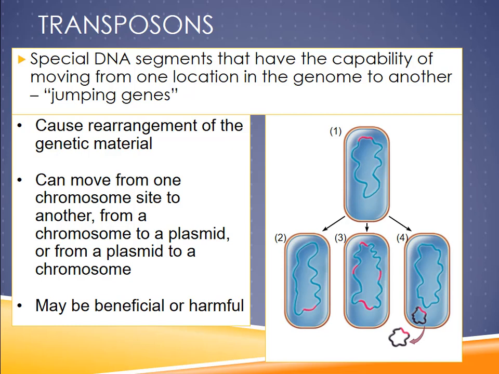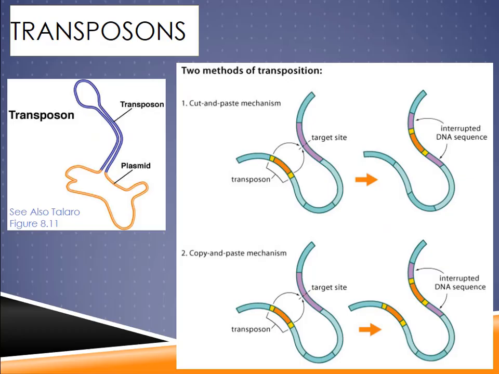The fourth type of DNA recombination that students often forget is what's called transposons. That's because it's DNA recombination within the same genome. It's when one bacterium actually has DNA that jumps from parts of the chromosome into and out of a plasmid. If you think about it, remember plasmids and chromosomes are supercoiled.